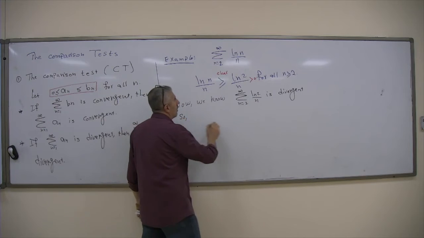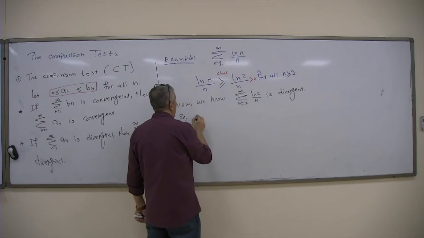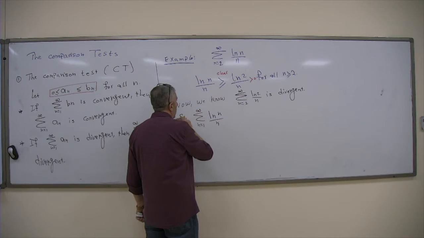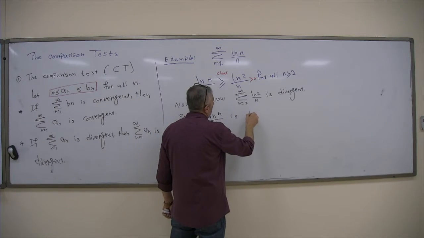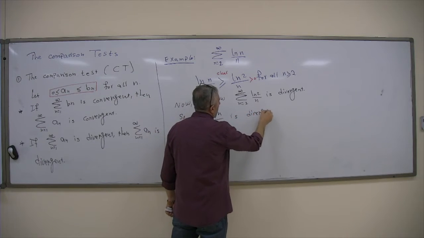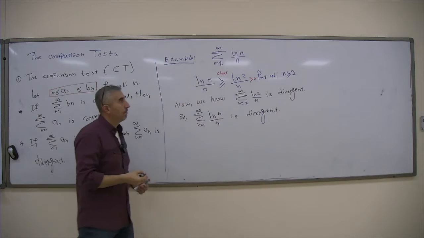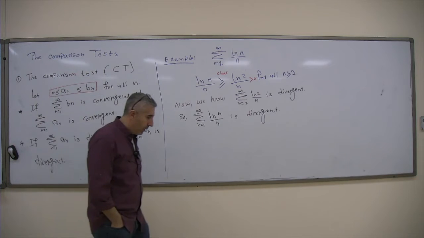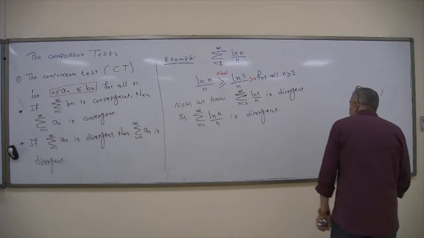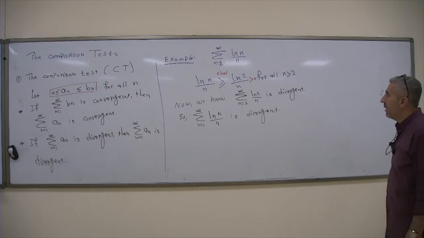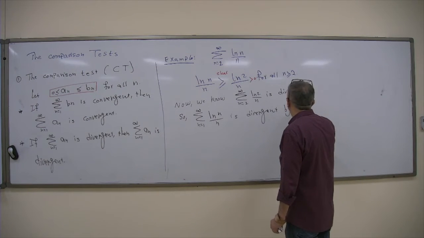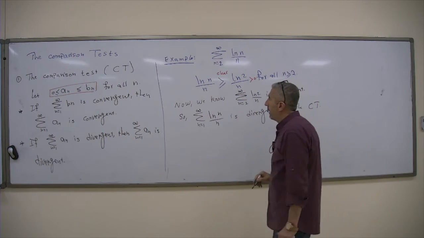So summation ln n over n, n from 1 or 2 to infinity, is divergent. Okay? This is our first example here. It's very simple.